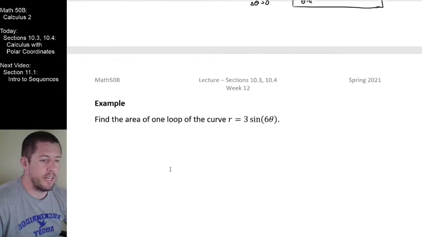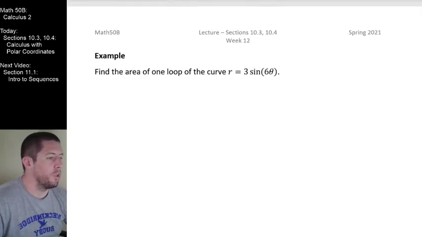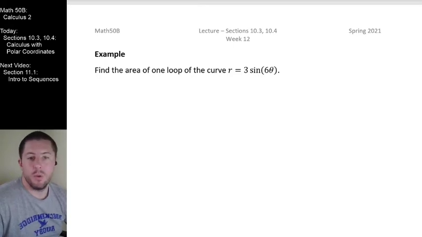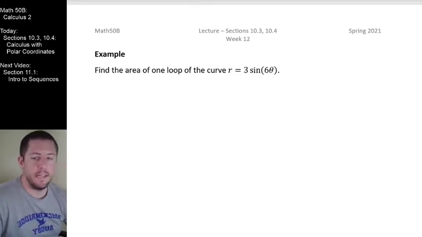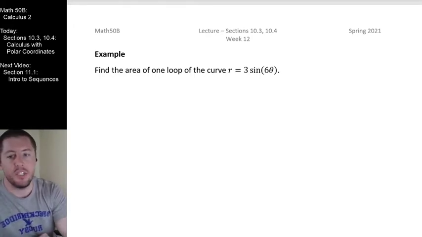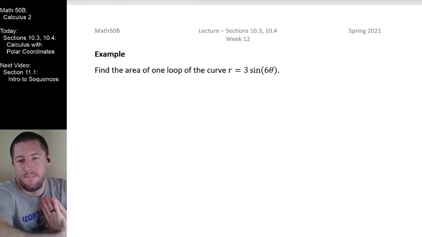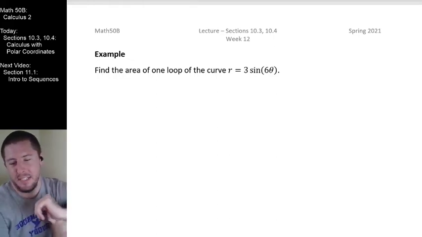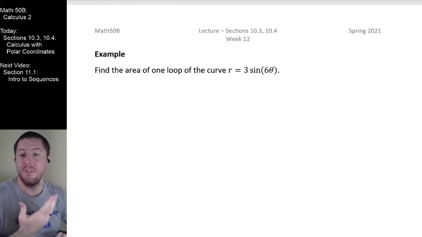So let's go ahead and look at an example. What I would like us to do is to find the area of one loop of the curve r equals 3 times the sine of 6 theta. Now, immediately the issue is I described the region of interest not with an interval. I didn't say, for theta from pi/6 to 9 pi/7 do this thing. I didn't give you the actual bounds.